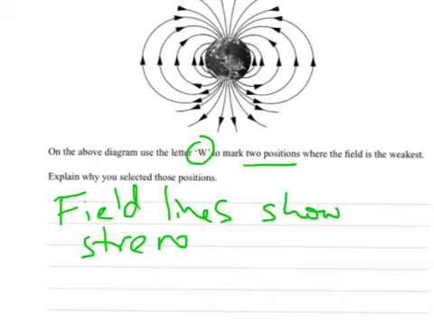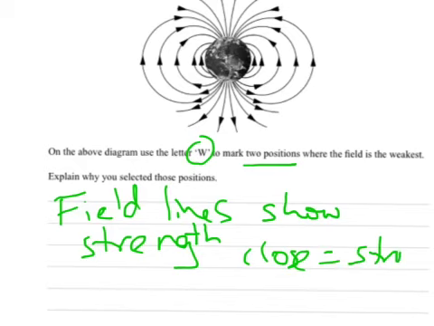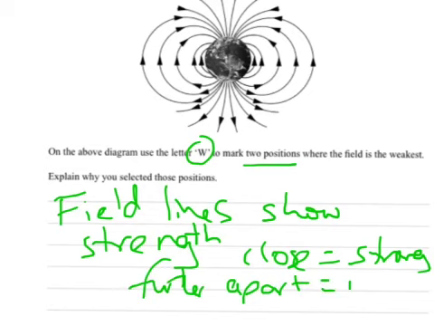Where the lines are close together, that equals strong, and where they're further apart, so wider spacing, that means the magnetic field is weak, or W in this case.